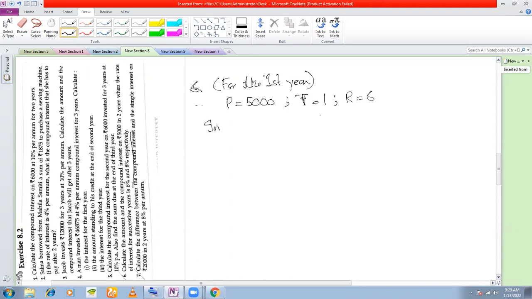So interest for the first year is equal to PRT by 100, 5,000 into 6 into 1 by 100.